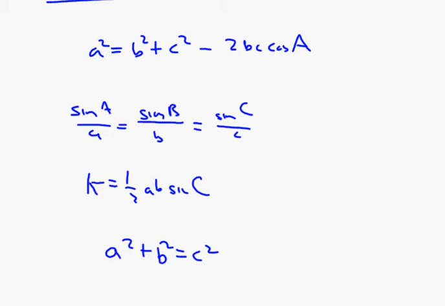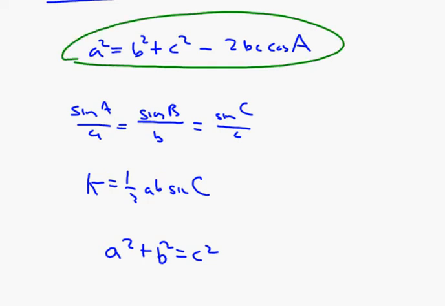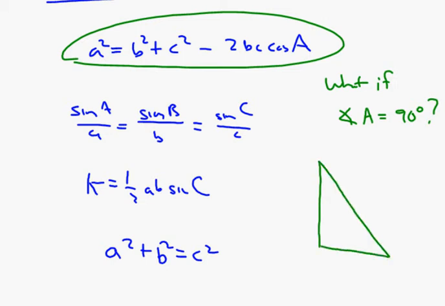So I'm going to take a look at law of cosines for a minute, and I'm going to ask you to think about something. What if angle A equals 90 degrees? Let's just think about that question for a minute. So what would that mean? What it would mean is that my triangle would look like this. Here's angle A at 90 degrees.